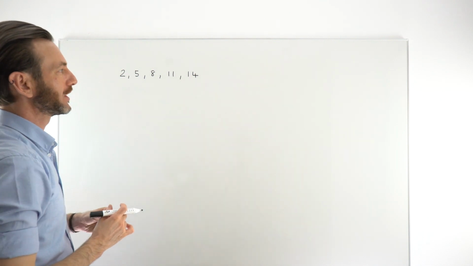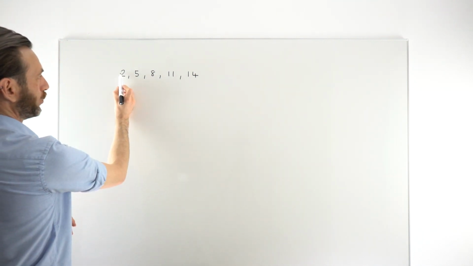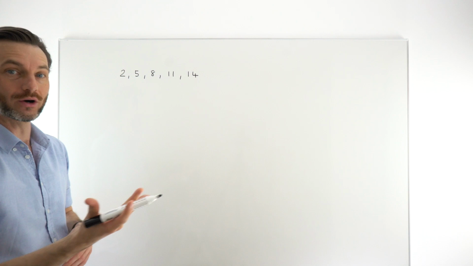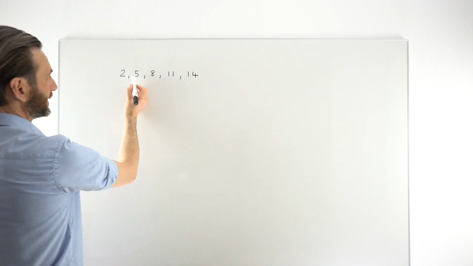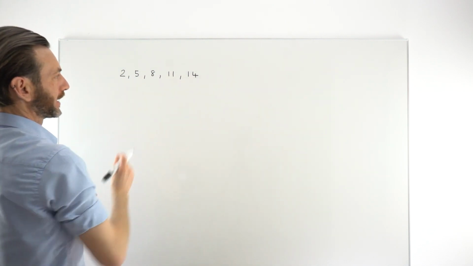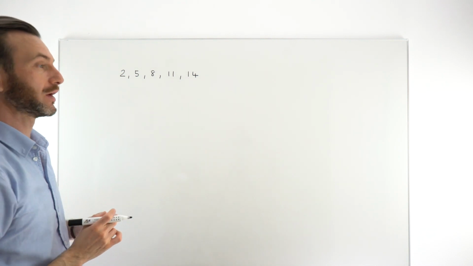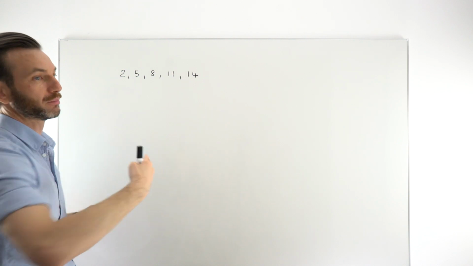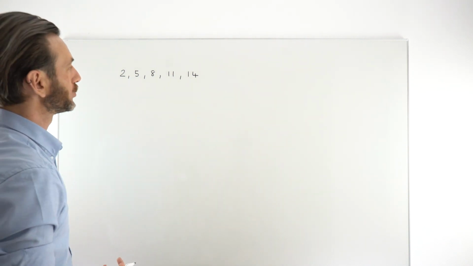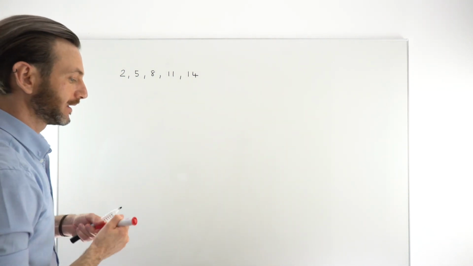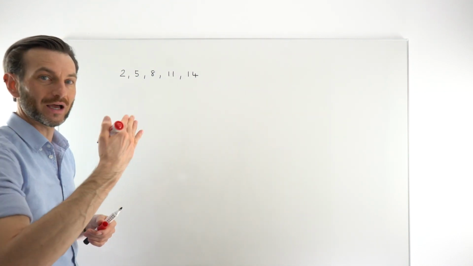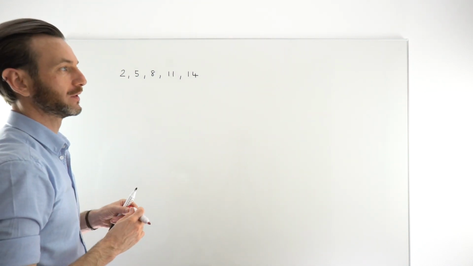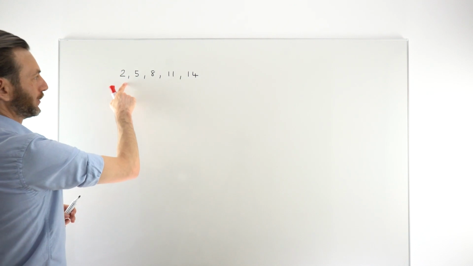So instead of generating a rule which takes us from one term to the next, which is what we're effectively talking about there, adding 3 every time to get from one to the next, we want to generate a rule instead that hits on the placement of the number in the sequence. So what we can do is start to assign, because remember a sequence has to be an ordered set of numbers, an ordered list of numbers.